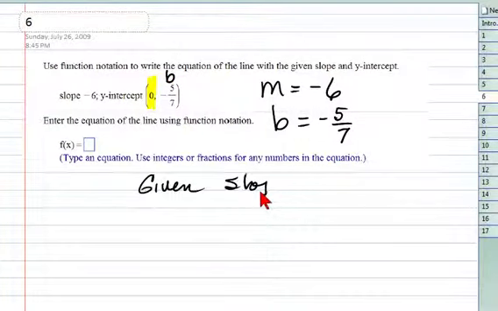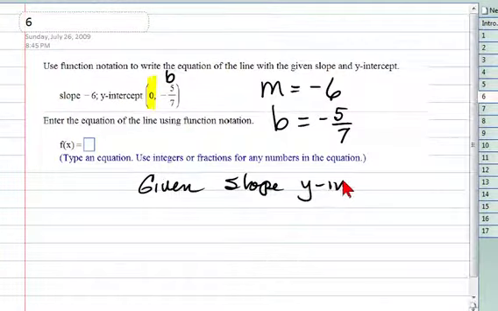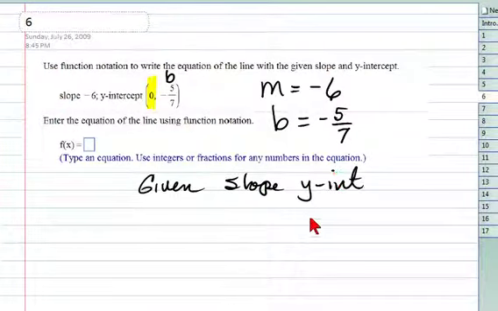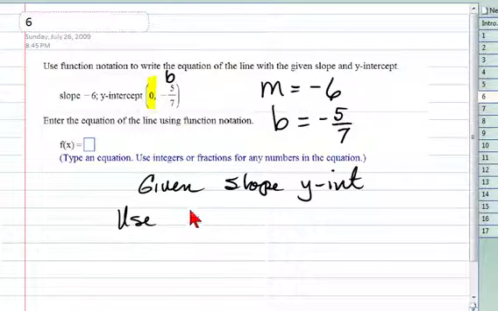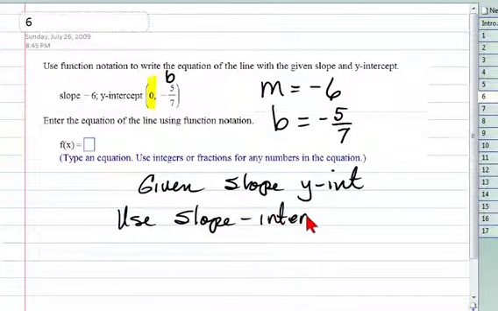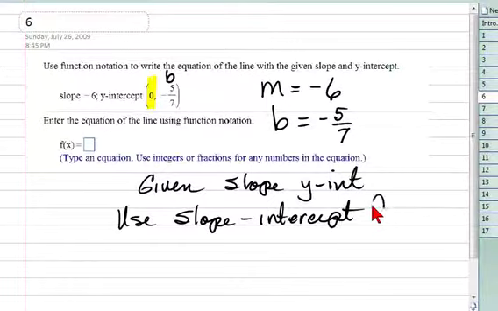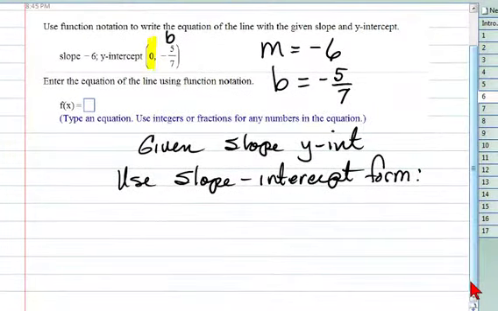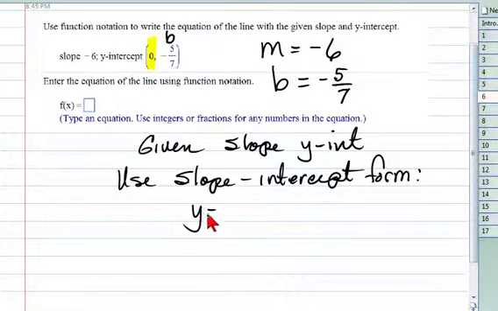So you are given slope and the y-intercept. So what do you use? You use the slope intercept form. What you're given tells you what form to use. So y equals mx plus b.